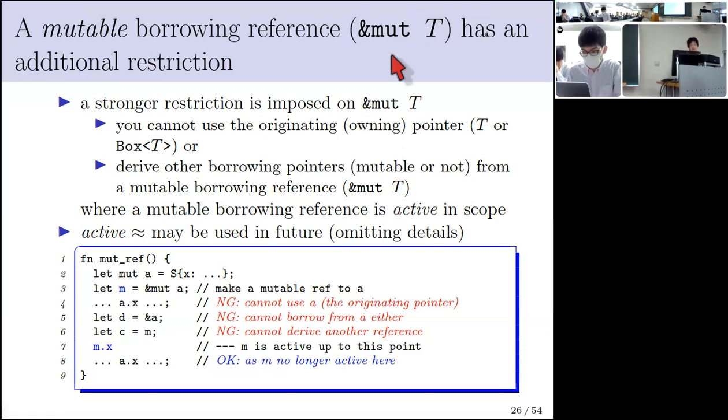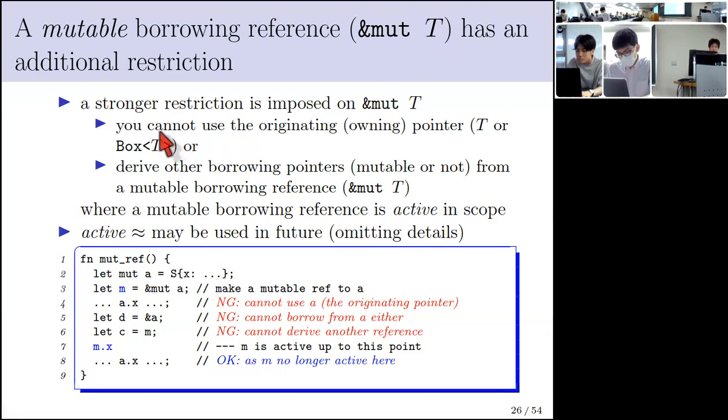It actually has an additional restriction, and the restriction is even stronger on this ref mut t: you cannot use the original owning pointer, or derive other borrowing pointers from a mutable borrowing reference, while a mutable borrowing reference is active in scope.